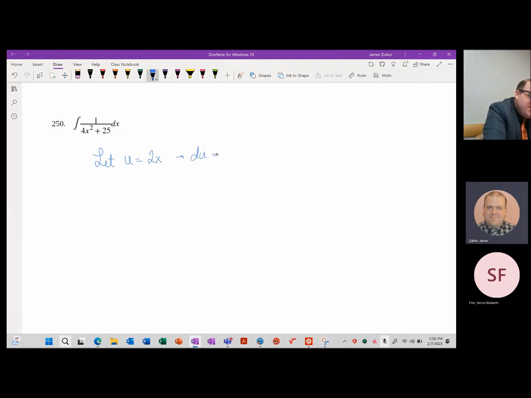Makes du 2dx, right? This now becomes a half antiderivative 1 over u squared plus 25 du.